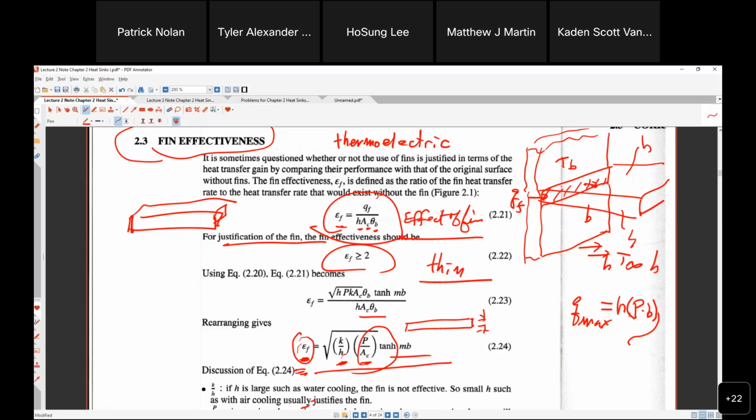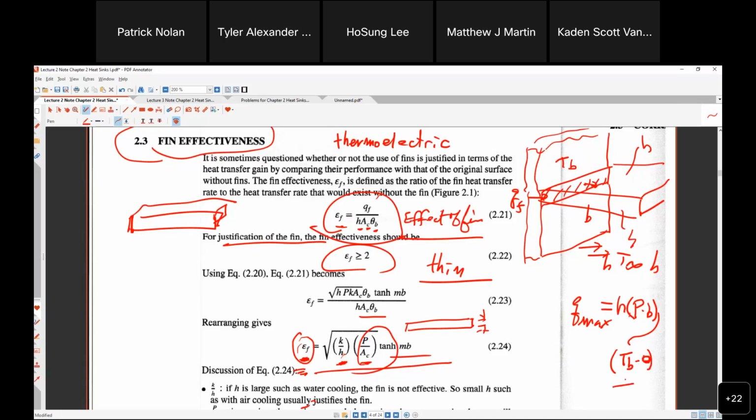Because temperature is dropping here. Is it T ambient? No. Maximum temperature, or T base? The temperature must be the difference. Maximum possible, I don't know.